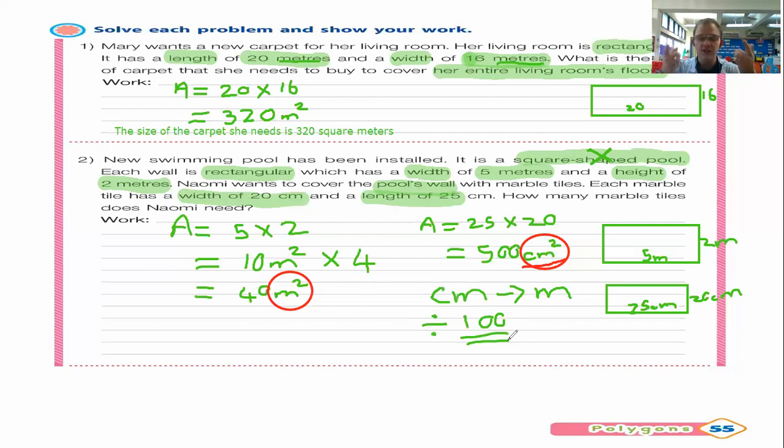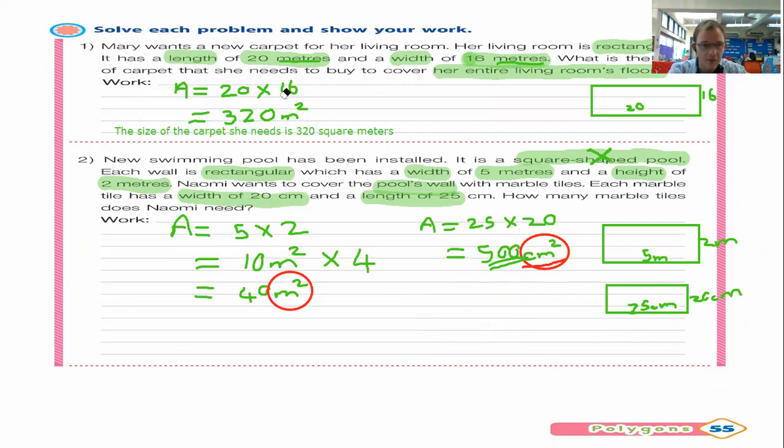So knowing this and doing the conversion, we then have to divide the 500 centimeters by 100 to get to meters squared. So let's remove this one over here.